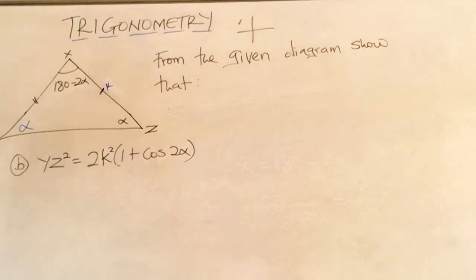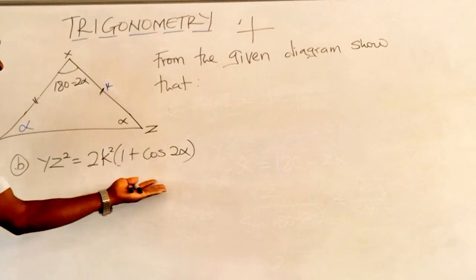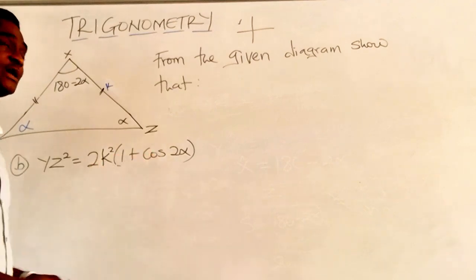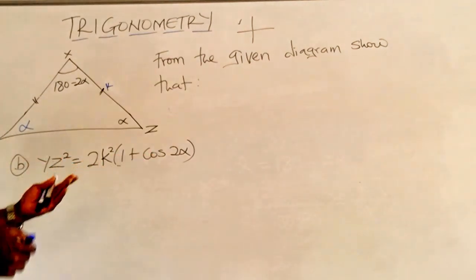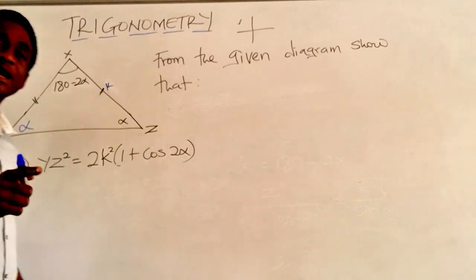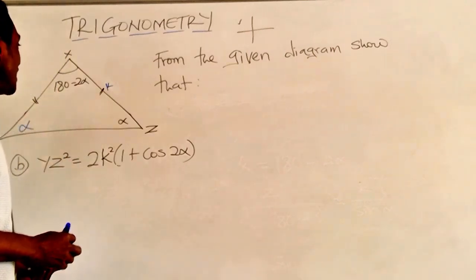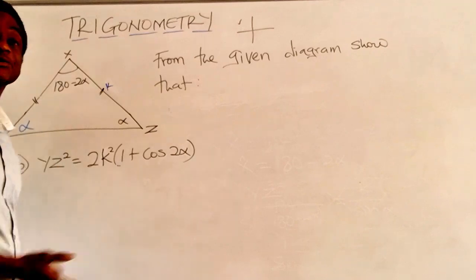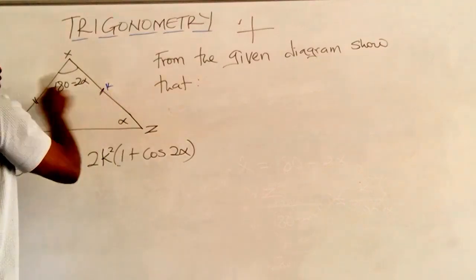So what do we do next? We check what of the solution of triangles will work here, area rule, sine rule, or cosine rule. Looking at this, we have squares, so cosine rule will work because cosine rule is the only one that has squares. For cosine rule, we need two sides and the included angle.